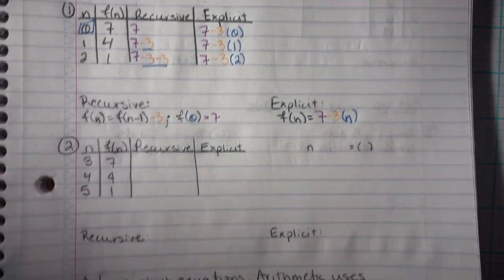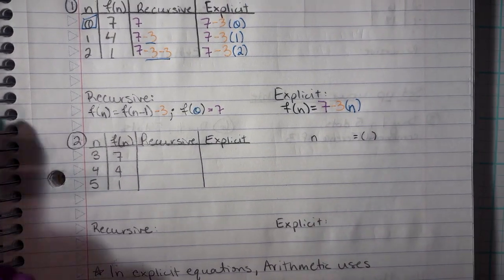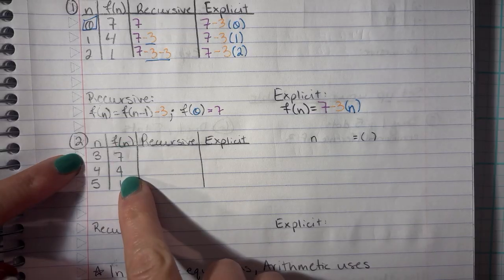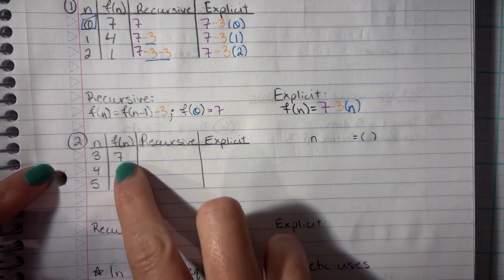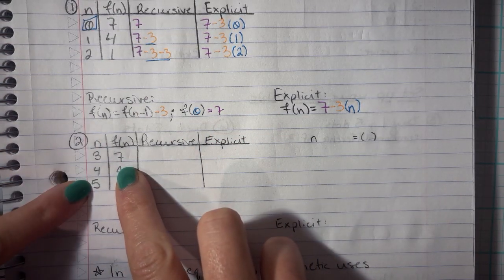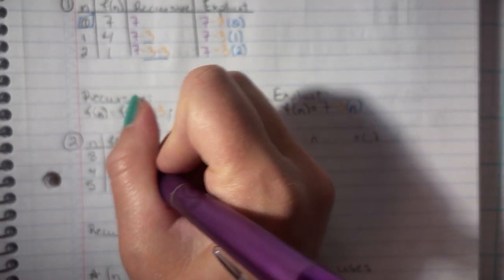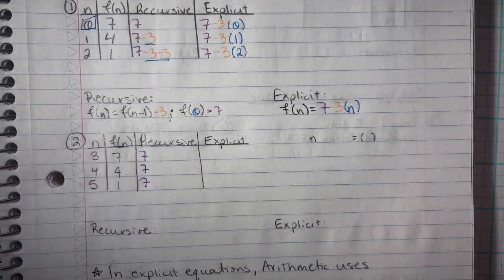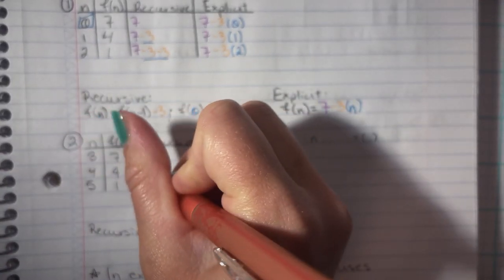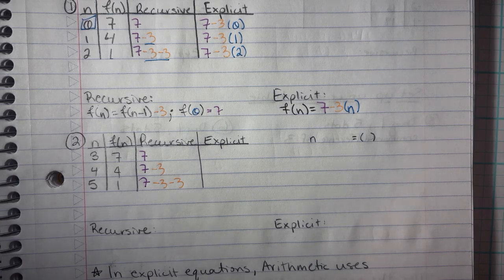Now, what happens if we have the same f of n, the same dot section, but we start with a time of 3 instead? Well, everything about the table for the recursive is going to stay the same. Nothing's really going to be changing, except for when we write out our recursive equation.